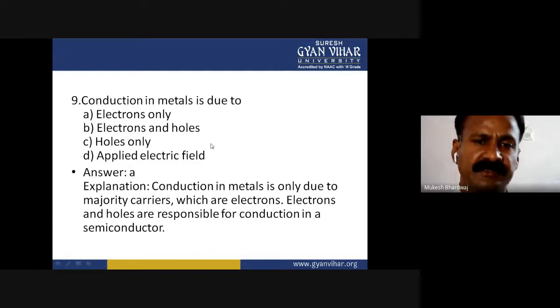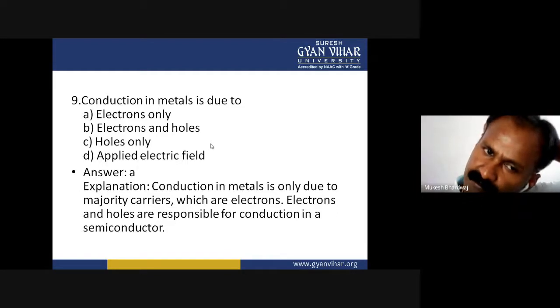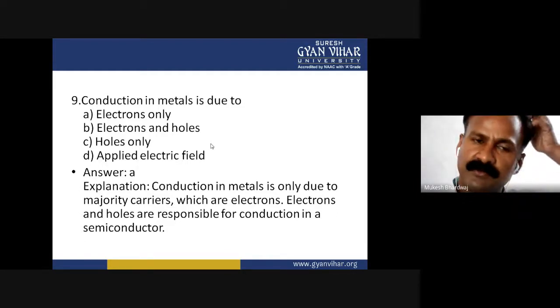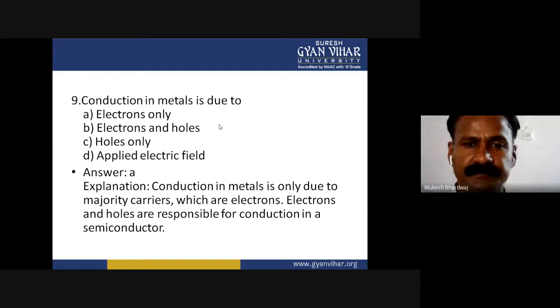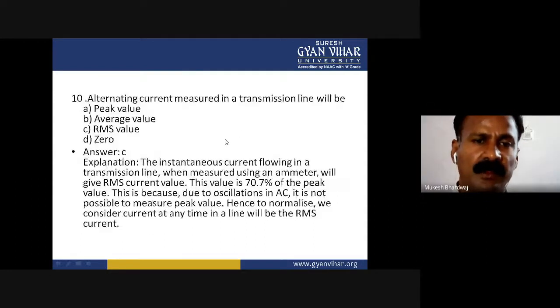Conduction in materials or metals is due to: electrons only, electrons and holes only, applied electric field. Everyone knows that conduction in metal is due to the electrons only. Alternating current measured in a transmission line will be peak value, average value, RMS value, or zero. Obviously, it is the root mean square value. C is the right answer.